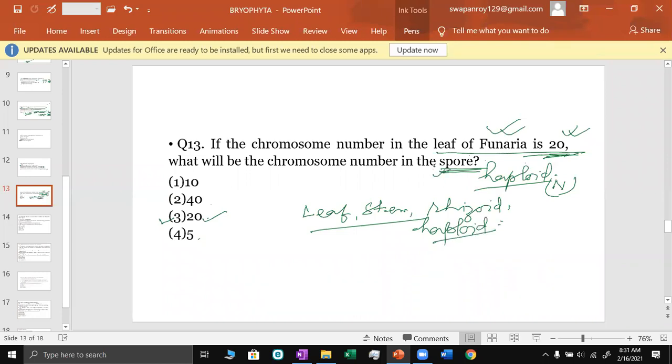Spores are also haploid because the spore gives rise to the protonema. All are haploid, so whatever the chromosome number is in one, all will have the same number. Only the zygote and the sporophyte, that is the capsule, foot, and seta, will have double the chromosome number, which is 40.